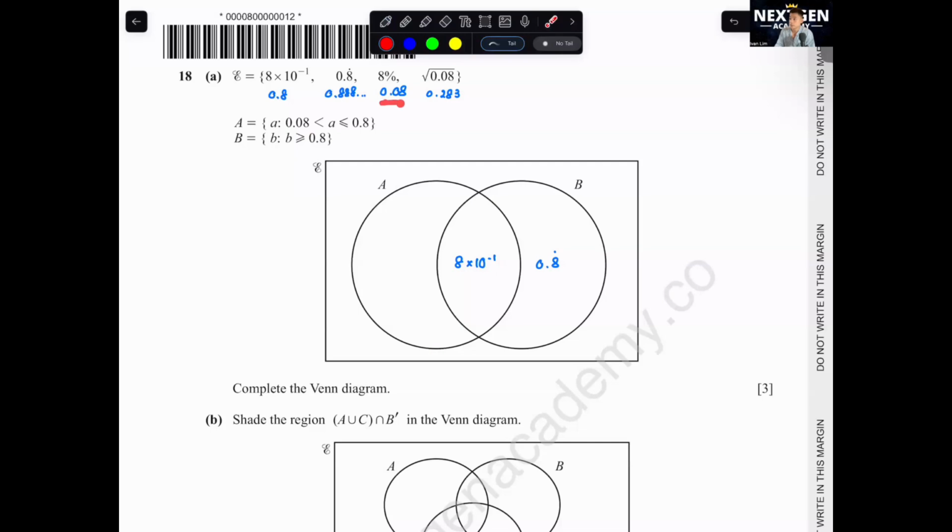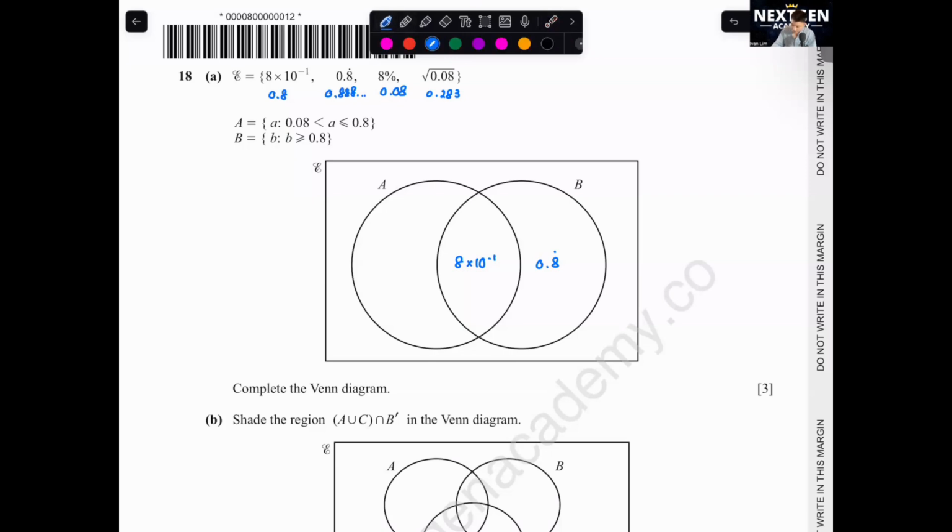Then here, 8%, which is 0.08. Does 8% fit into A? What do you think? A is less than 0.08, so it will still be inside. Sorry, my bad, let me rephrase again.